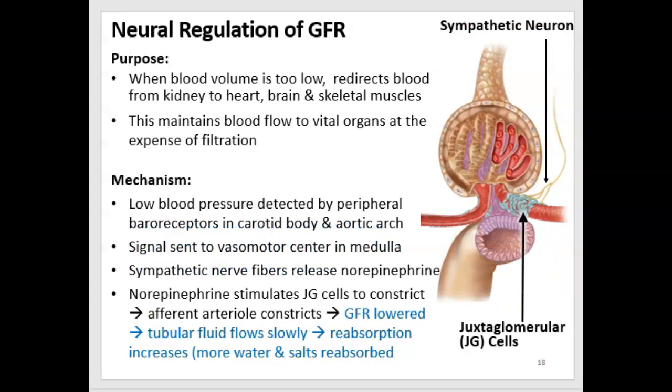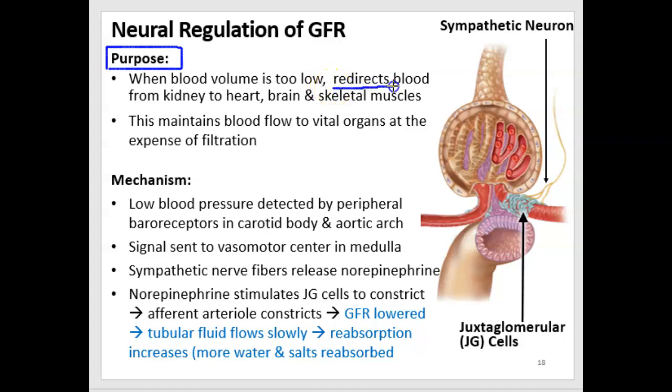Now we're going to look at neural regulation of glomerular filtration. And this only involves the sympathetic nervous system. And it has a different purpose, less about waste removal, more about maintaining blood volume. So when blood volume is too low, you have low blood pressure, and it's important to not filter any fluid out the kidneys.